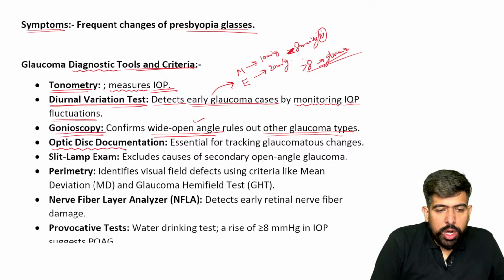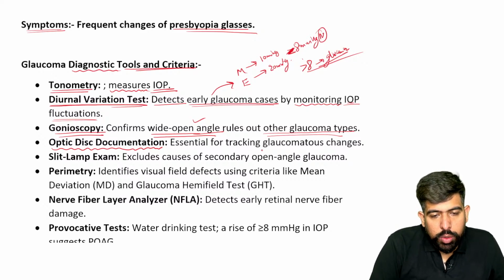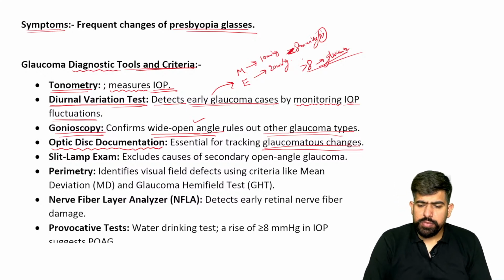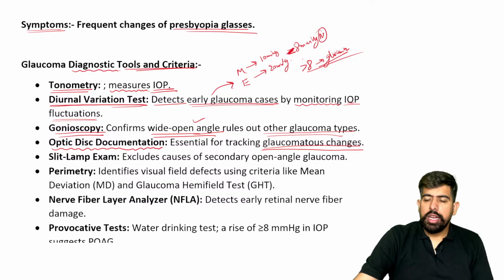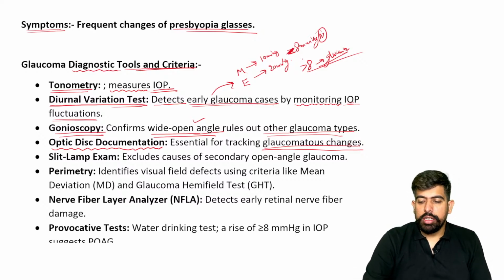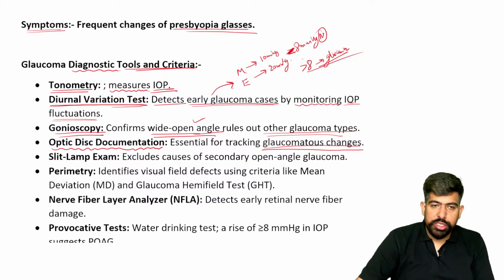Next, optic disc documentation. Again the same, all the glaucomatous changes which I told you about. The disc changes will be seen over there. The nasal step and visual field defects will also be available, but in the optic disc there will be an increase in the cup disc ratio, as we talked about.